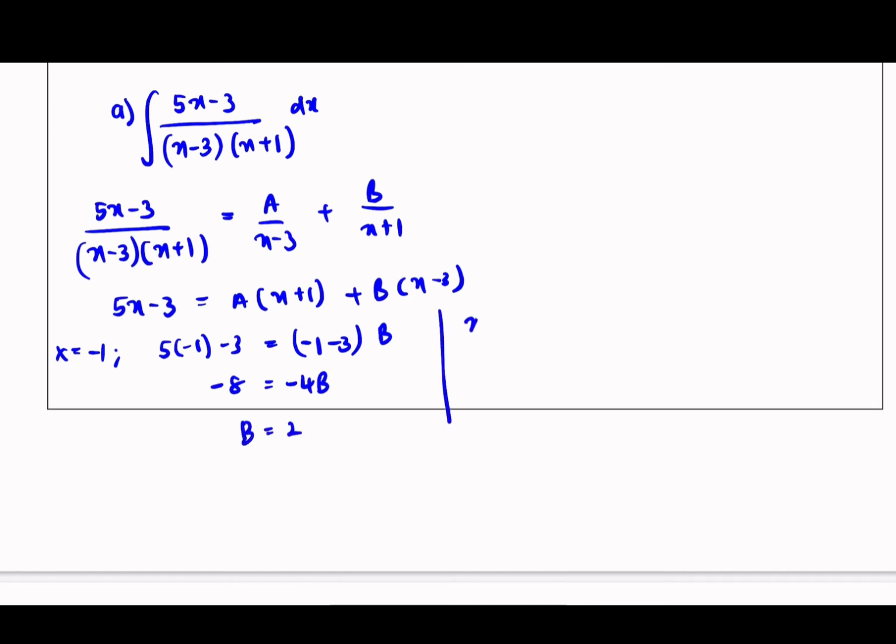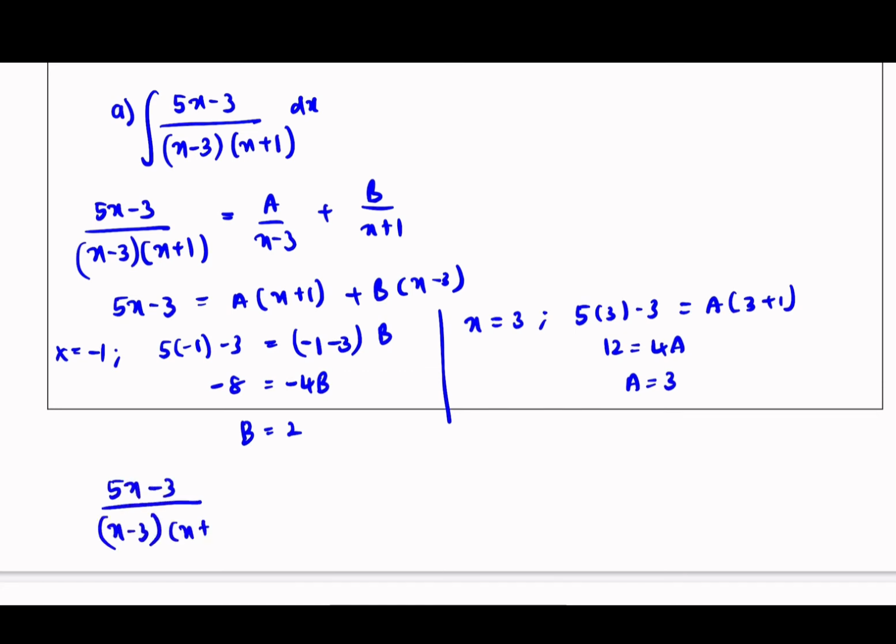Then for x is equals to 3, so 5 times 3 minus 3 is equals to A times 3 plus 1 and 3 minus 3 is 0 here. So we got 12 is equals to 4A and A is equals to 3. So we know that 5x minus 3 over x minus 3 times x plus 1 is equals to 3 over x minus 3 plus 2 over x plus 1.